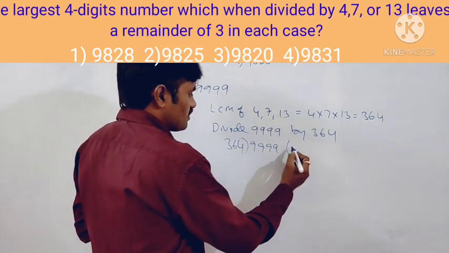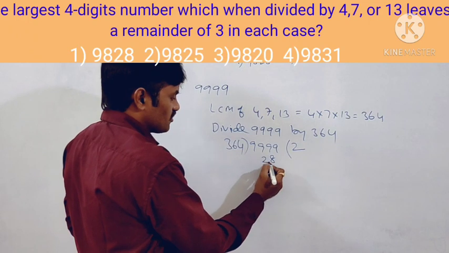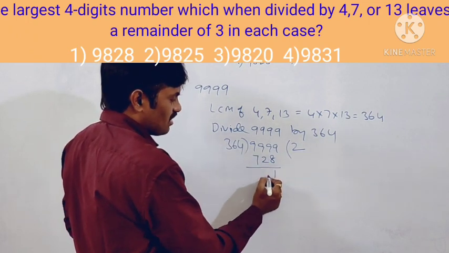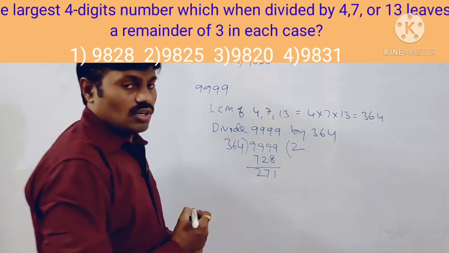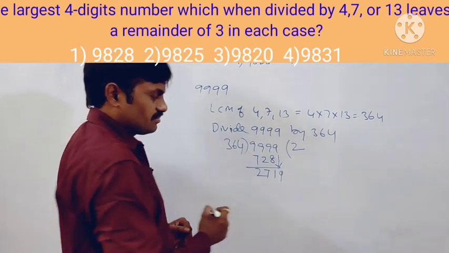It is not possible 3 times because 2 times it is possible. 2 fours are 8, 2 sixes are 12, 2 threes are 6 plus 1, 728. The difference is 271. Now bring down the next digit 9.